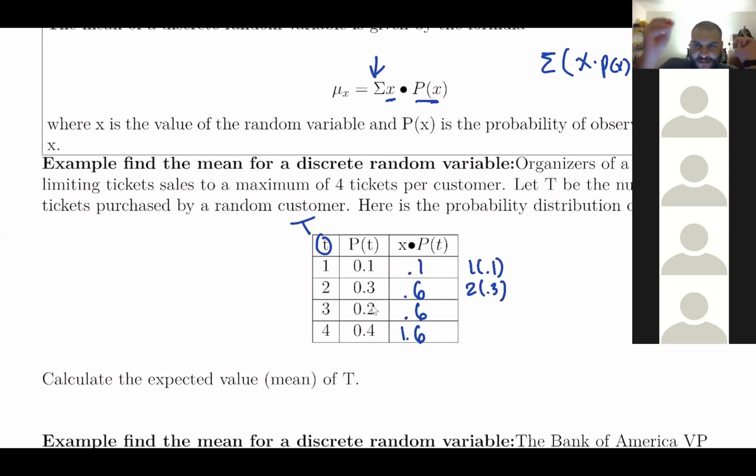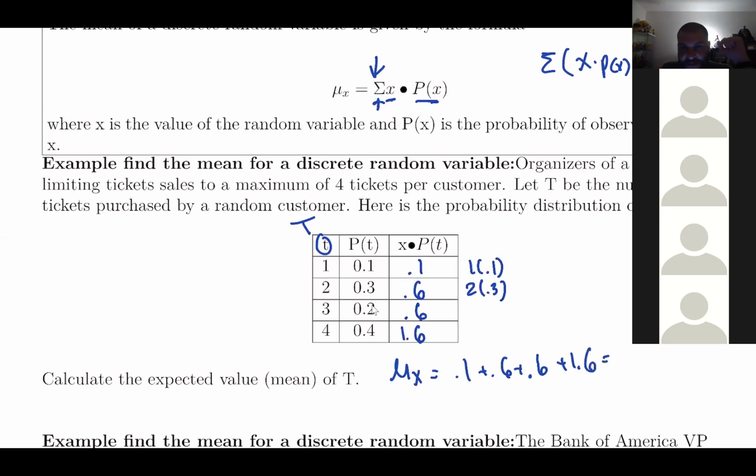All right. So the last thing we're going to do is sum it up. So we're going to say mu of x is equal to 0.1 plus 0.6 plus 0.6 plus 1.6. If I do all of that calculation, what do you get? 1.2, 2.8, 2.9. Cool. So you get 2.9.